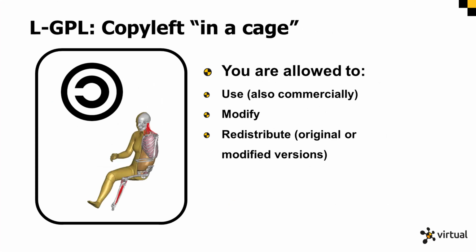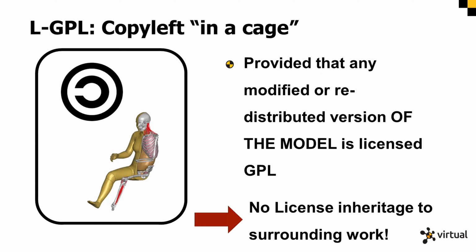The LGPL, the Lesser General Public License, now has, so to speak, a copyleft in a cage. Again, the same principle holds. You're allowed to use the content, you're allowed to use it commercially, you're allowed to modify the content, and you're allowed to redistribute either the original or any modified versions of the content, provided that any modified or redistributed versions of the actual model are licensed LGPL.